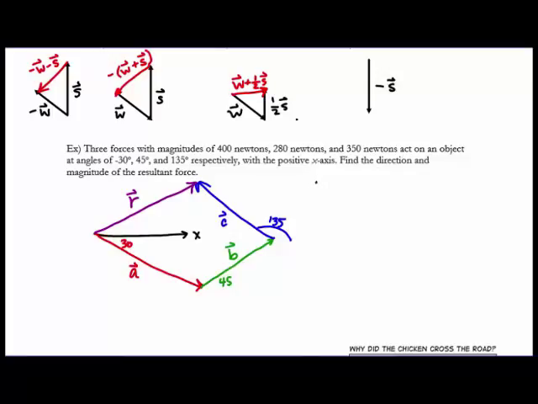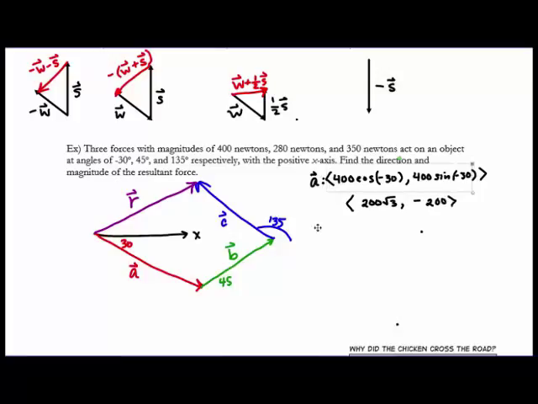So if I'm going to do this algebraically, A is going to be 400 times the cosine of negative 30, and then 400 times the sine of negative 30. And that will get me the components of my vector. So those components would be, let's see, 400 cosine 30 is going to be 200 root 3. And then 400 sine negative 30 is going to be negative 200.